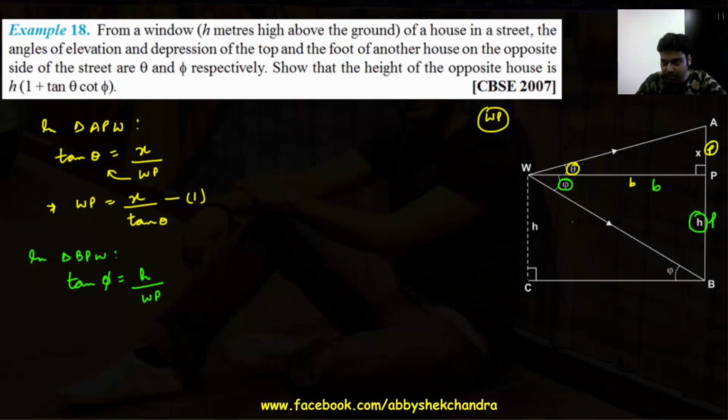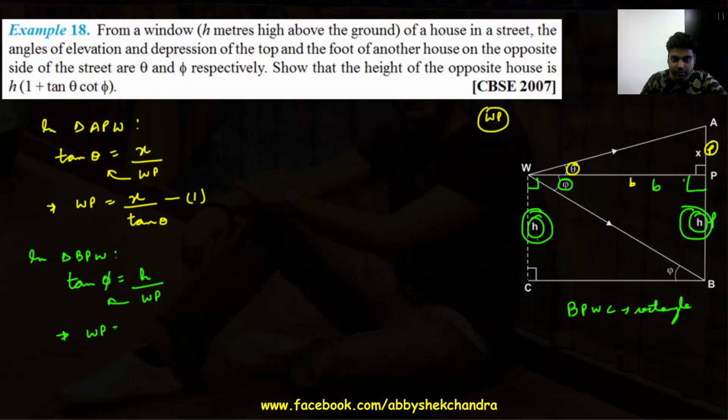This value is h, right, because BP is h, and WC is a rectangle, so opposite sides will be equal, right? So if this is h, this will also be h. So now again take WP to the other side, so WP will be equal to h by tan phi.